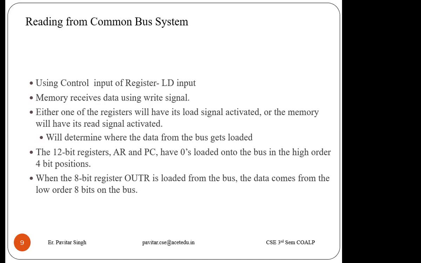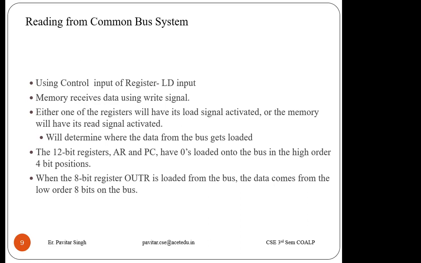So here you can see that one mismatch occurs. What is that mismatch? As you all know, AR and PC deal with 12 bits, right? Whereas TR, DR, accumulator and IR deal with 16 bits, right?